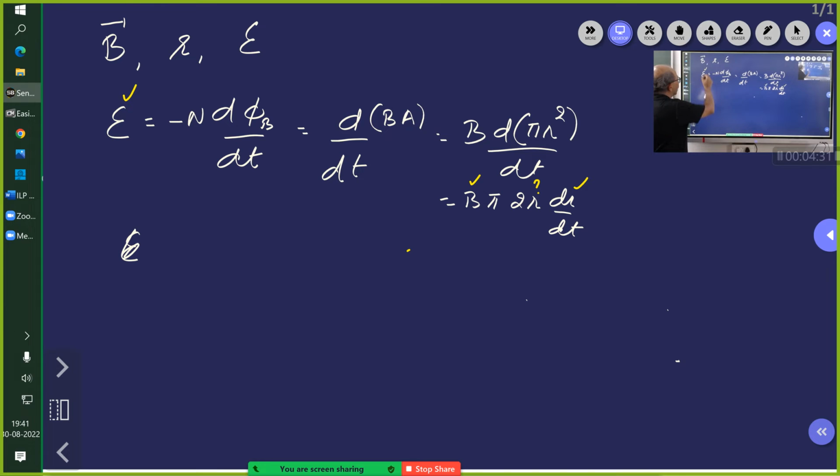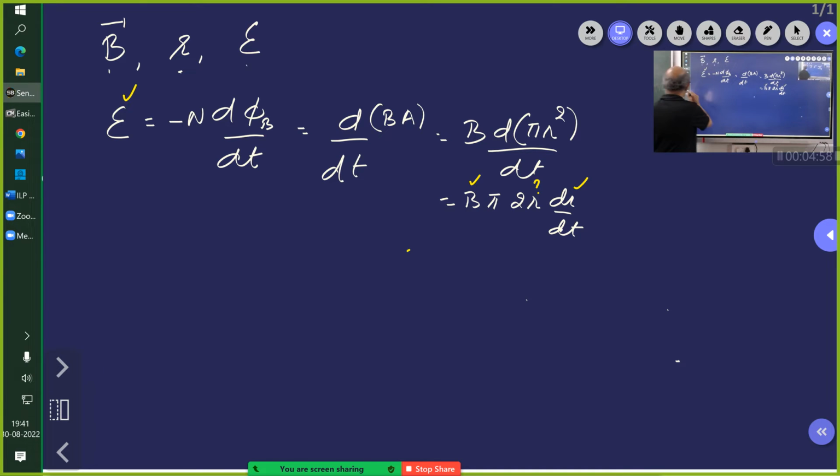I would like you to read the problem and see what are all the physical variables that are involved here. In the first reading, second reading, you see they are telling the radius is, the area is decreasing. So if the area is decreasing, then with pi r square, your mind should intuitively think, and then you will be able to calculate the radius.